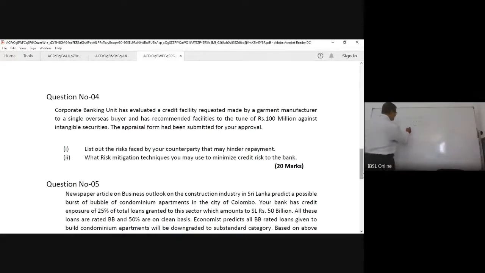Then we said single buyer. In order to give this facility, you also have a problem that is a single buyer. So your evaluation about your client should involve the collateral he is supplying, the country risk, which country he is sending to, and buyer risk.